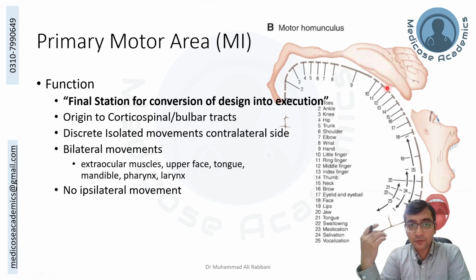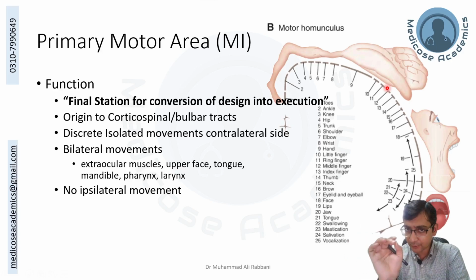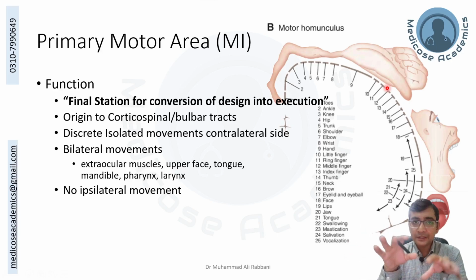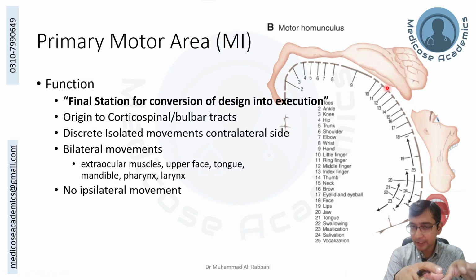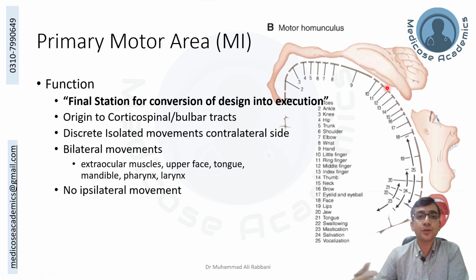Another would be responsible for flexion of the index finger, and pronation and supination. All the movements that you can name, there is a particular button for it. This primary motor area, M1, does not think for itself, it does not make judgments, it just executes the design that it is given.